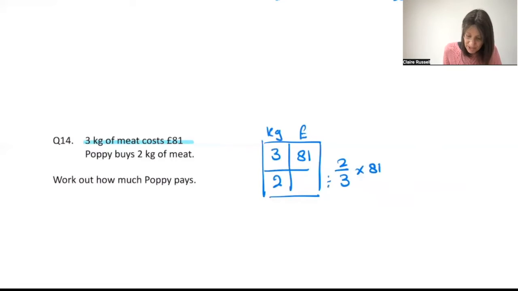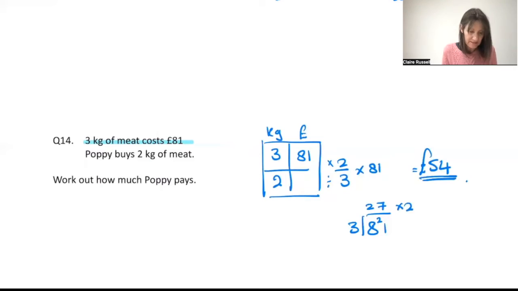Divide by the bottom, times by the top. So 3's into 8 go 2, remainder 2. 3's into 21 go 7 exactly. And then 7 times 2, double that, and you've got 54 as your answer. And obviously that will be pounds, and that will be your final answer.